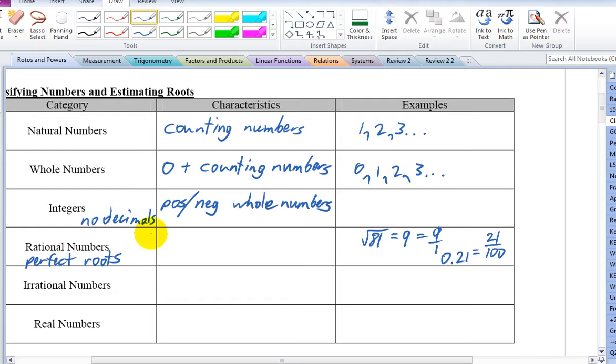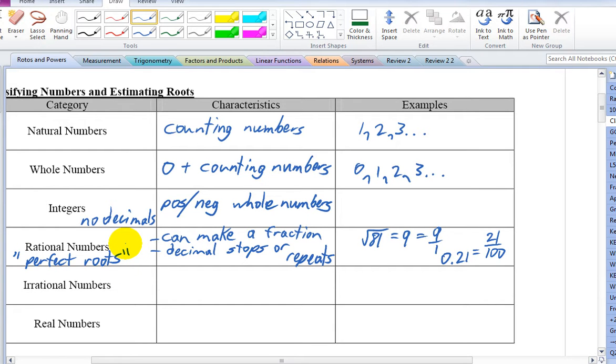So a rational number, you can make a fraction. And so the decimal stops or repeats. The biggest thing is to understand those are perfect roots.